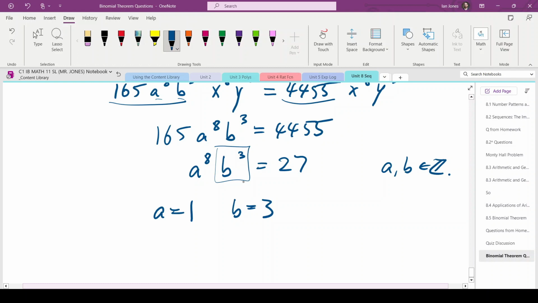That's the only way to make sure that we get 27. If b was a 2, that would kind of mess things up because we'd have an 8, and a couldn't be an integer to make that work. If b was a 1, then we're saying a to the 8 equals 27. Well, there's no integer a that makes that work. So in fact, because of these exponents and because we're told that they're integers, we're able to get this solution.